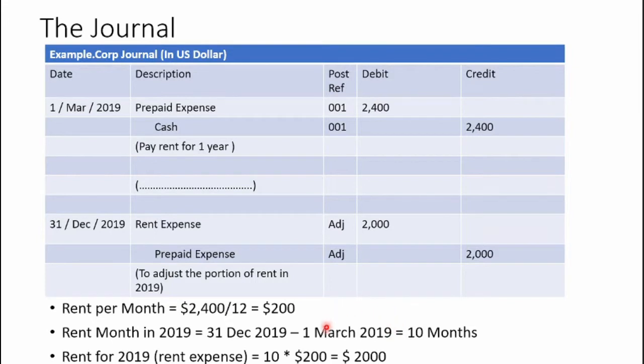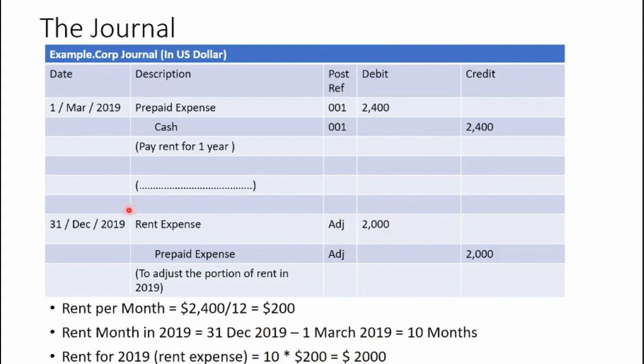But you can also count from March 1, 2019. So it will be March, April, May, June, July, August, September, October, November, and December. So it will be 10 months until 31st December 2019. Therefore, the rent expense for the year 2019 will be 10 months multiplied by the $200 rent fee per month. Therefore, we get $2,000 worth of rent expense.